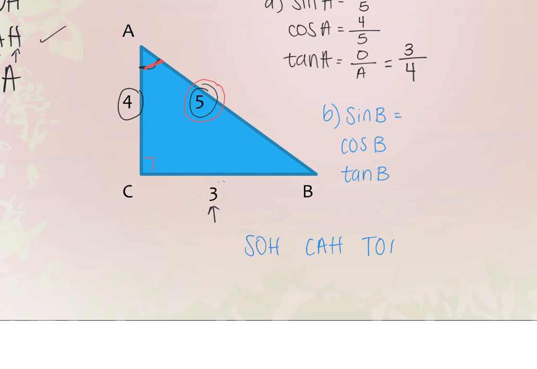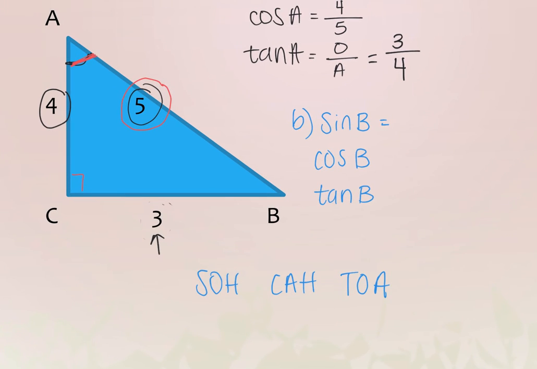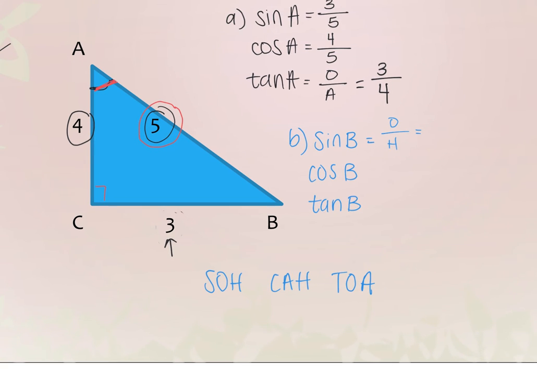So sine is going to be opposite over hypotenuse. We're using the O and the H for sine. What's the opposite of angle B? 4 over 5.